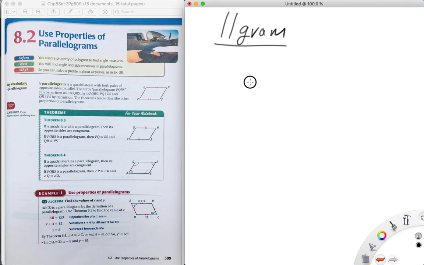So a parallelogram is a quadrilateral where both pairs of opposite sides are parallel.